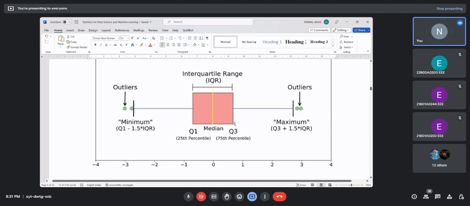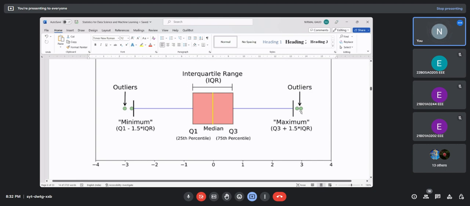And this line. I got Q1, I got Q3. This is the minimum value, and this is the maximum value, min and max. This blue line is called a whisker. The points which are available below Q3 and above Q1 are whisker points. And those points which are below the minimum are called outliers.